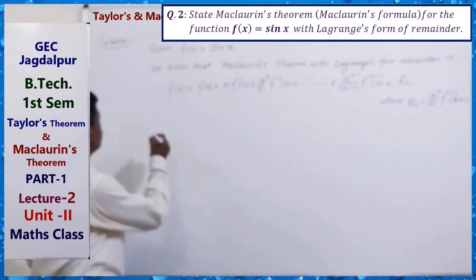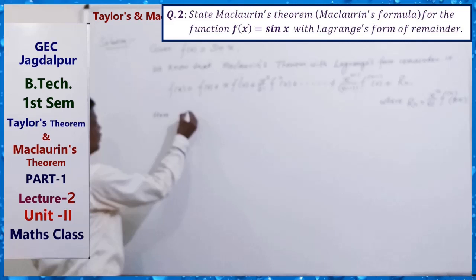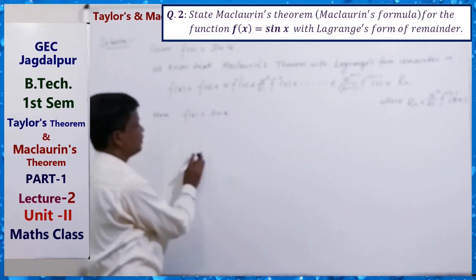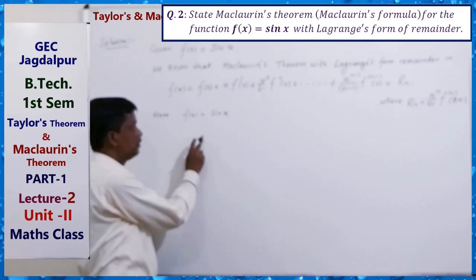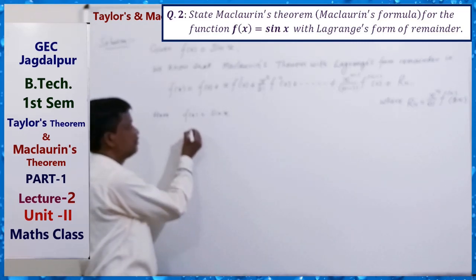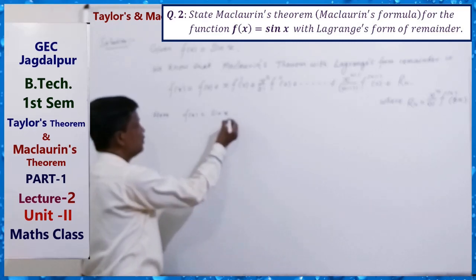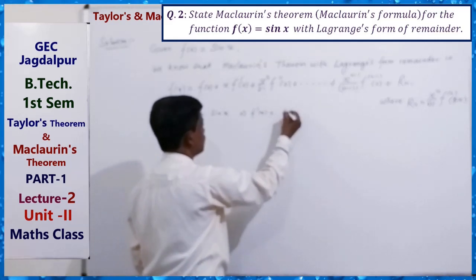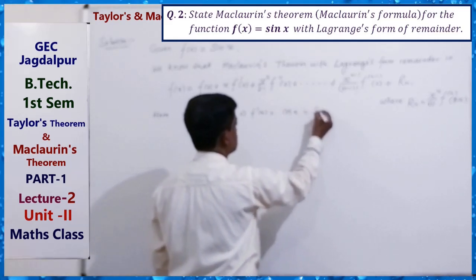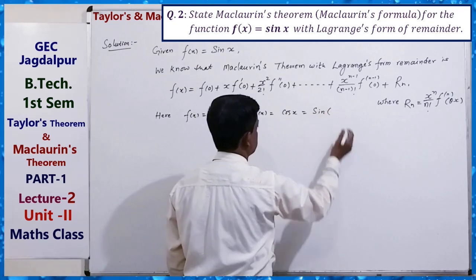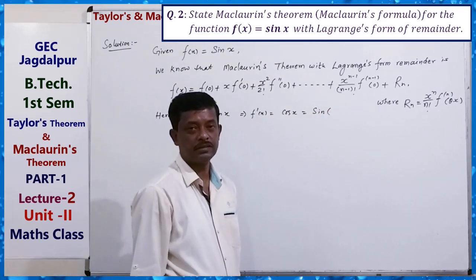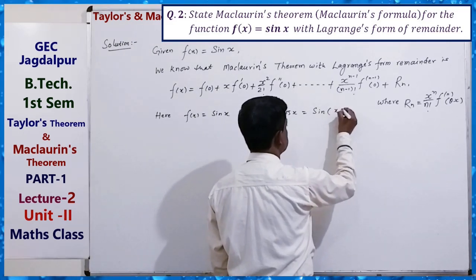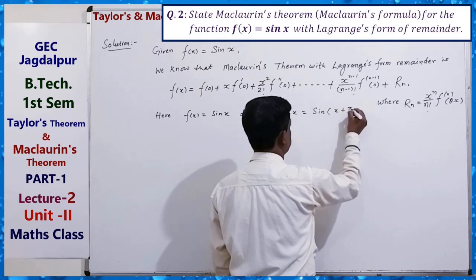Here f(x) equals sin x. Differentiate it the first time: f'(x) equals cos x, which can be written as sin of x plus pi by 2.